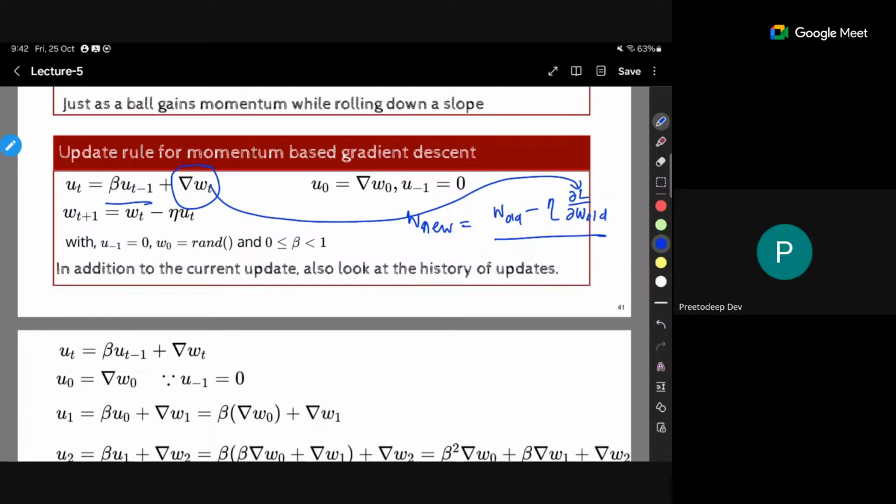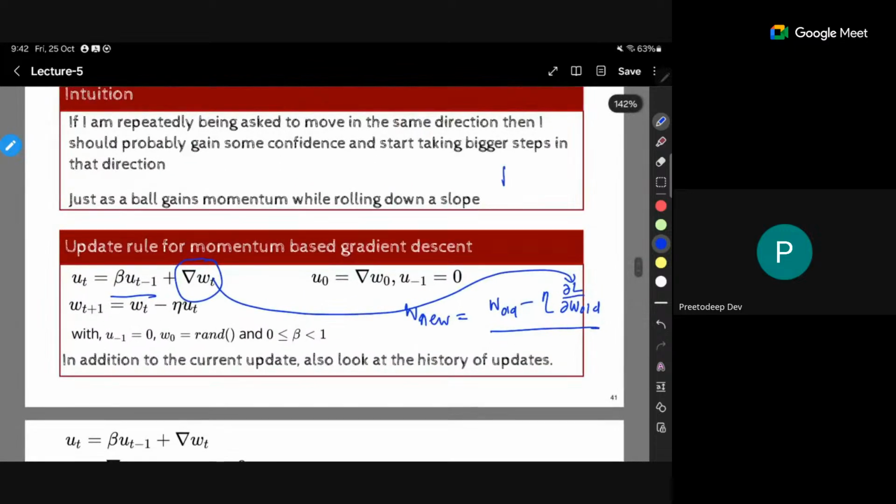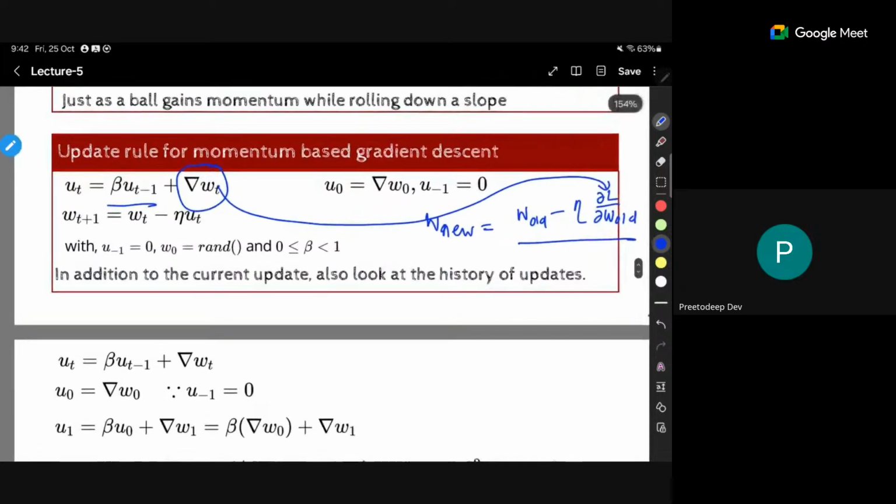How much should I consider from my recent update or recent gradients? So recent gradient will have more weightage. You can say one, and here beta will be 0.9. Generally, we'll take beta as 0.9. So we'll have that portion of my previous update, and that's how I'll update.